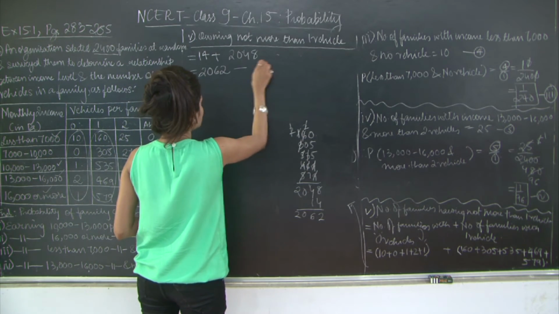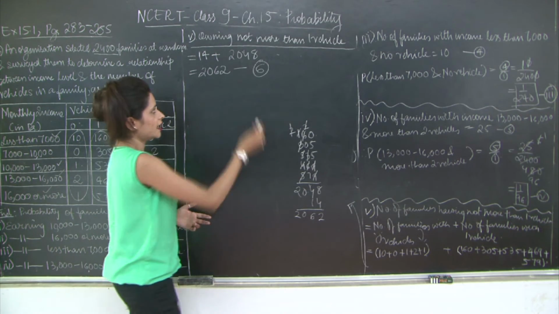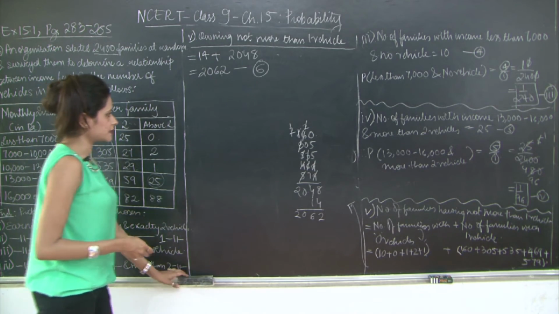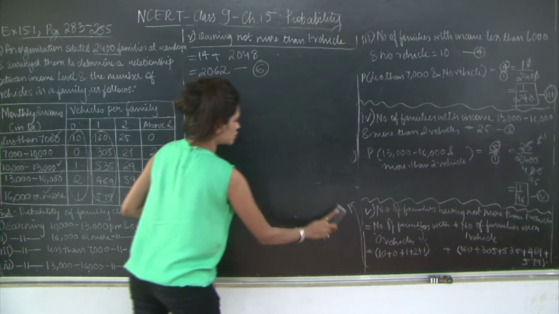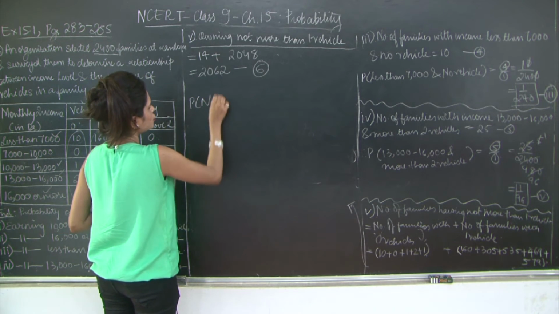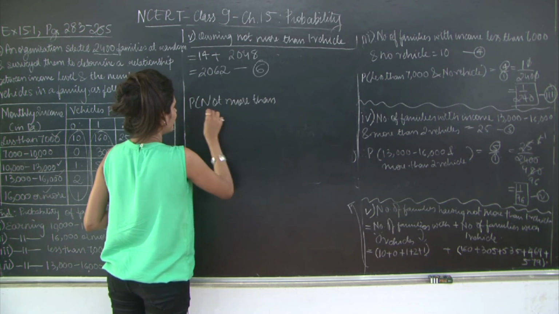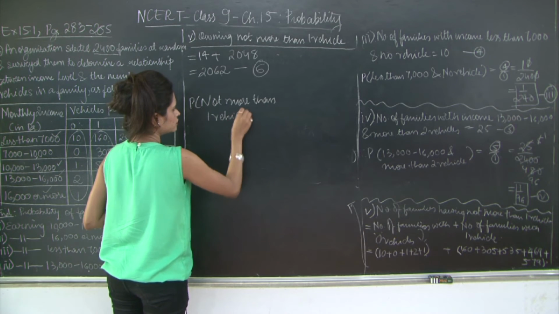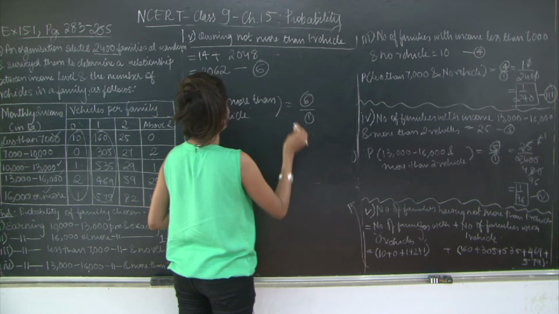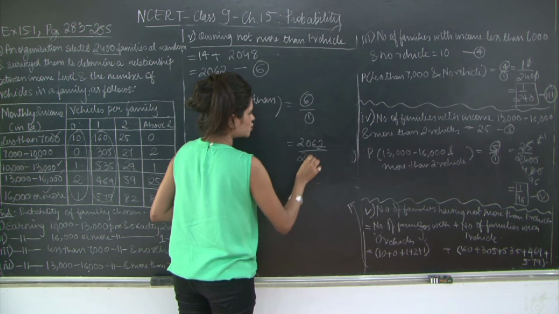So let's mark this as equation number 6. So what is the probability going to be? The probability will be this value upon 2400, that is the total number of families selected. So I'll say probability of not more than 1 vehicle is equal to equation 6 divided by equation 1, which is going to be 2062 divided by 2400.